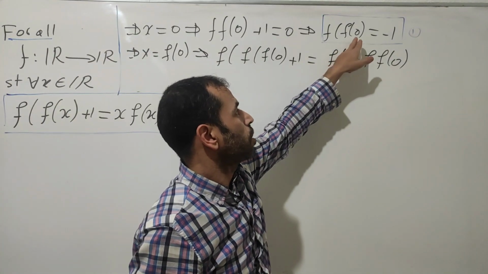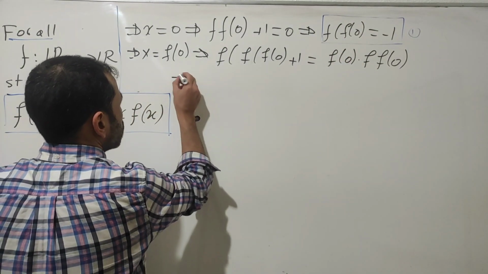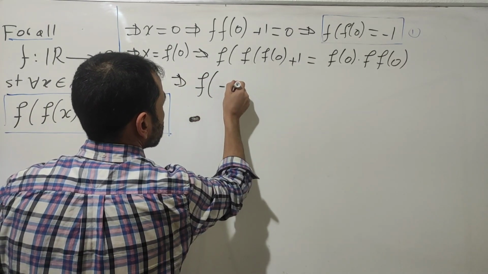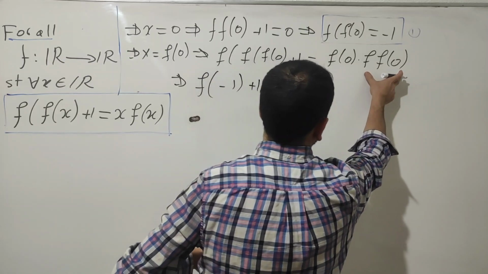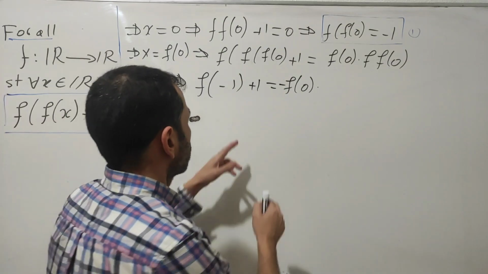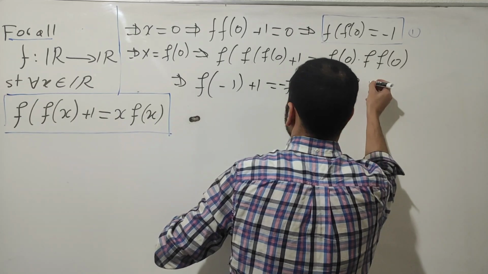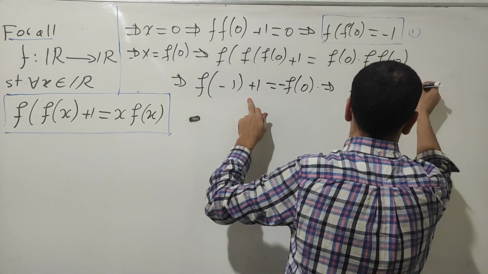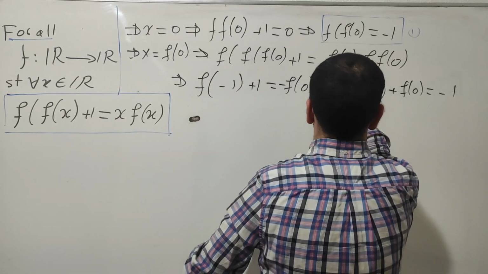Then taking equation number 1 and inserting it back into each f of 0, I will have f of (minus 1 plus 1) equals f of 0 multiplied by minus 1. Let's take this 1 to the right, so I will have f of minus 1, then take this one back to the left, plus f of 0 equals minus 1. Here is equation number 2.